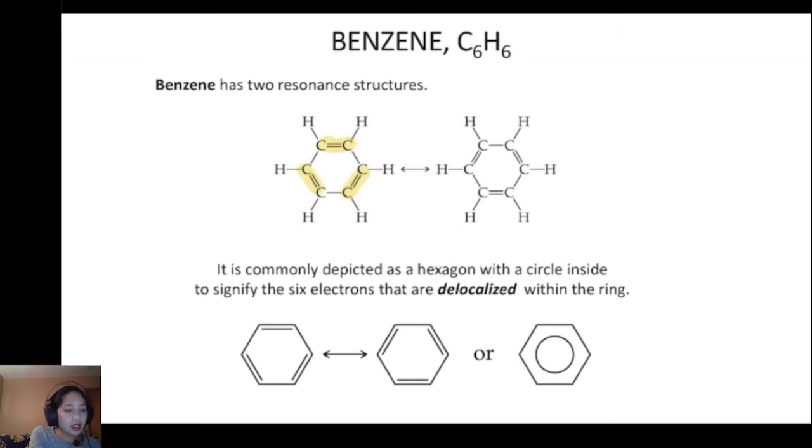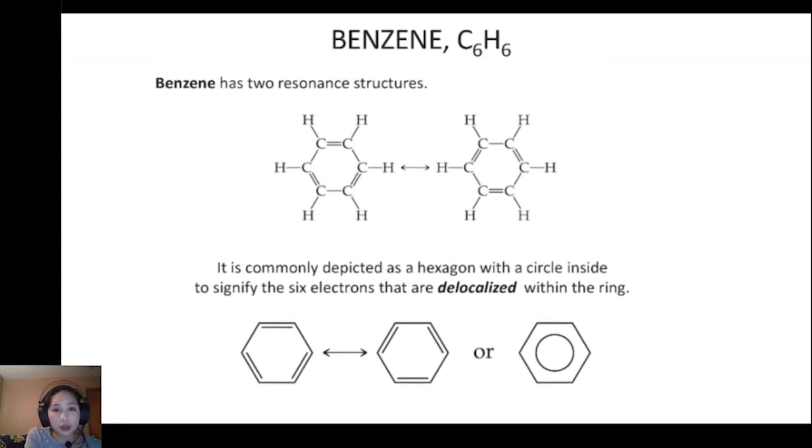So you can kind of see, if you remember that a double bond is just 4 electrons, what you could do is take 2 of those 4 electrons in a double bond and move, and that double bond could essentially just swap over to between another 2 carbons. So if I move electrons from this double bond to this single bond, I can move this double bond here and this double bond here. So everyone just kind of moves over 1 seat.